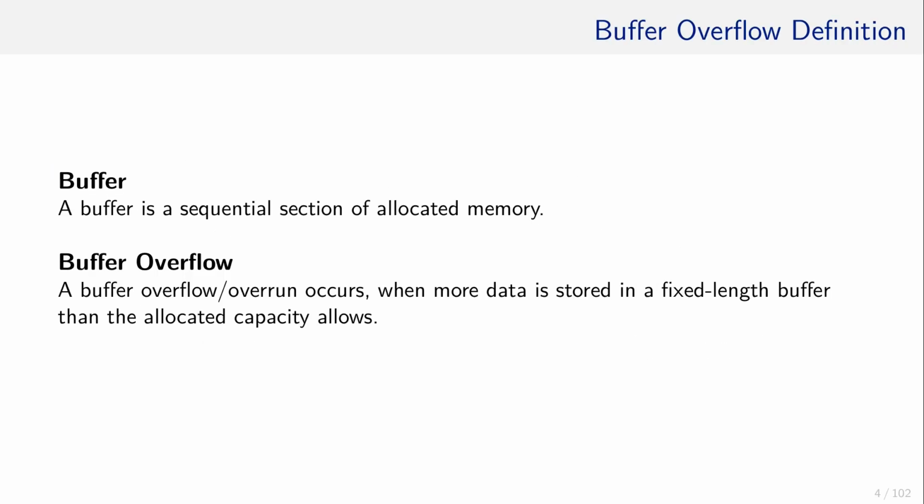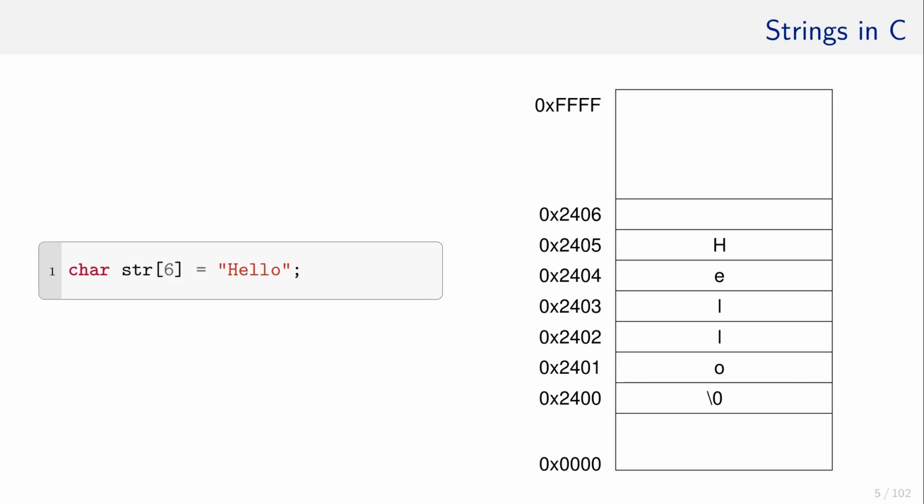First, we have to define what a buffer is. A buffer is basically any sequential section of allocated memory. And if more data is stored than its allocated capacity allows, then we talk about a buffer overflow, or also buffer overrun. An example for a buffer is a string in C, which is essentially an array of characters.